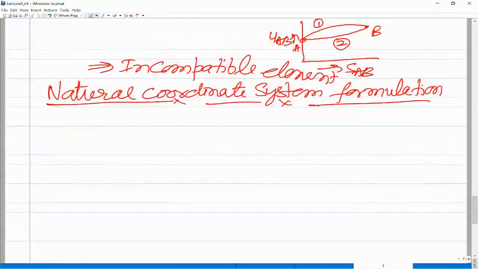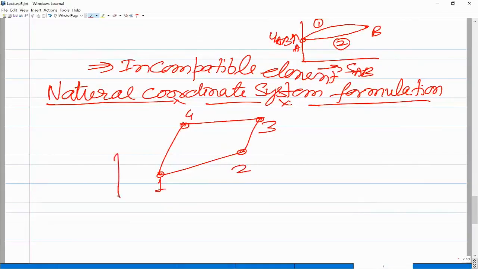In this, the element in the physical coordinate space, that is xy space, is an arbitrary quadrilateral. Let us say we take 4 noded, 1 2 3 and 4, this is the element, and these are the x and y coordinates. But this element is mapped to a square in the natural coordinate space.